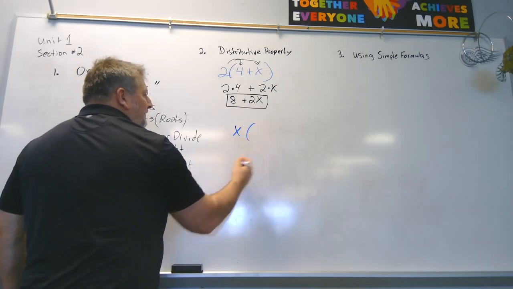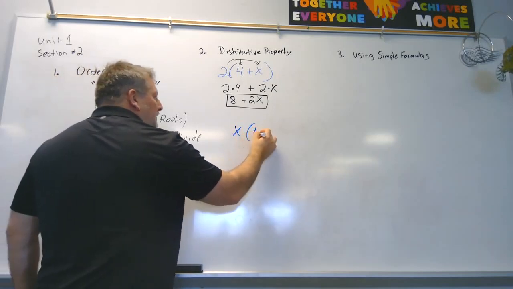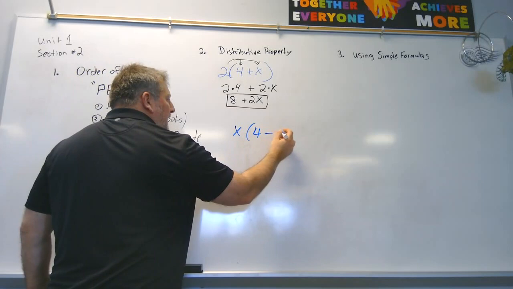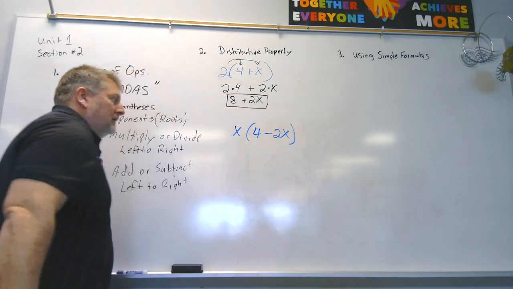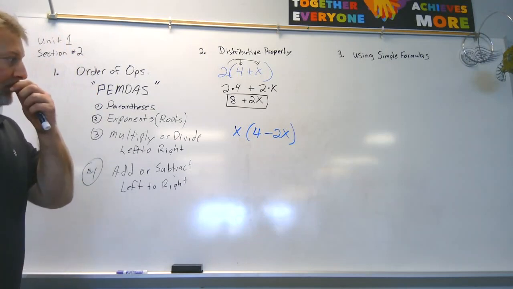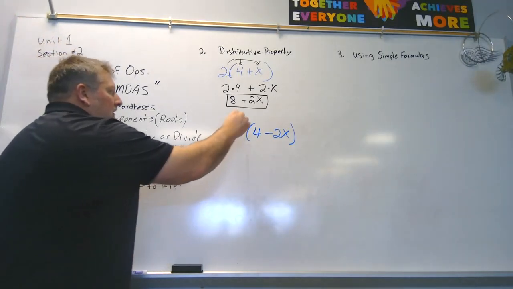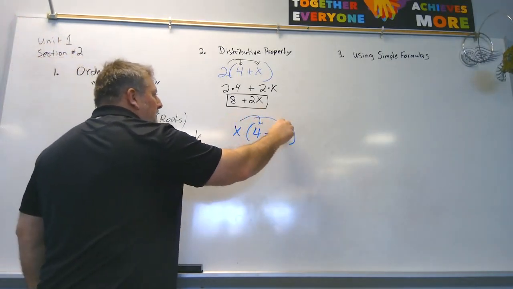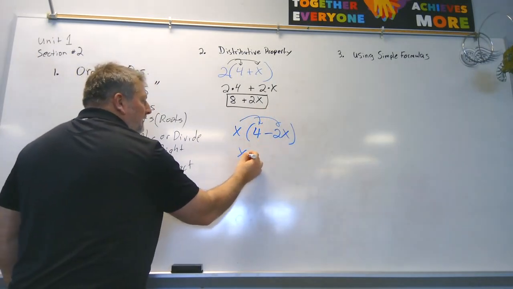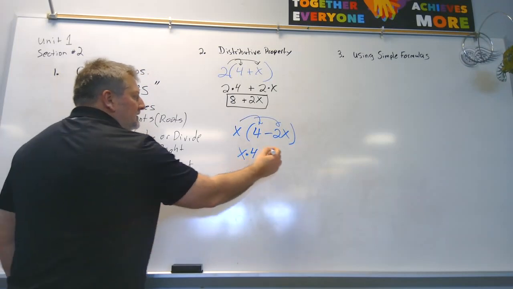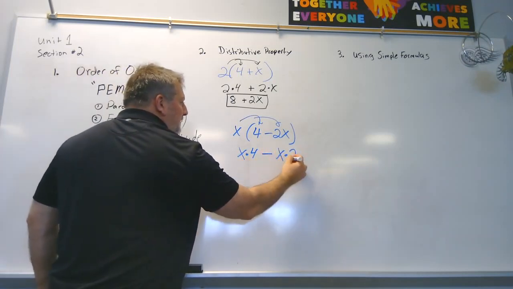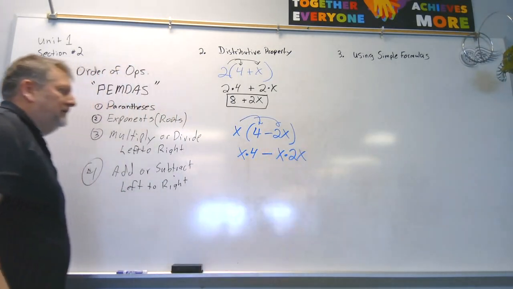Maybe it is x, parentheses, 4 minus 2x. We're just going to keep them simple, nothing complicated. Again, distribute. So x times 4. This time it's minus x times 2x.